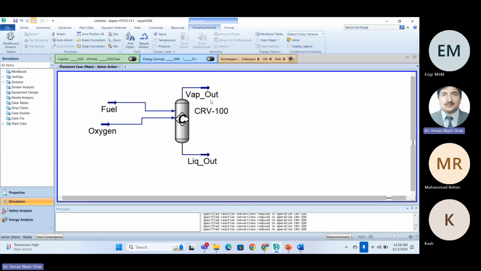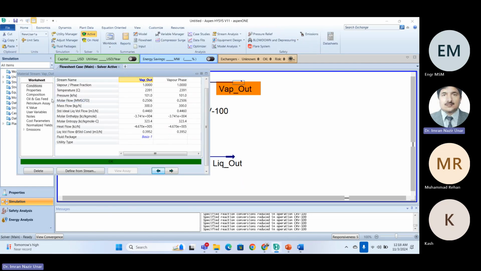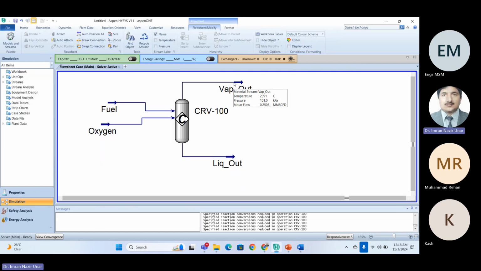Now, what happens? First of all, we analyze what had happened. In the output, you can see that 0.25 mmCFD molar flow is coming out from vapor out, but zero flow is coming from liquid. It means these two are in a gaseous phase, and when they combust, the whole product is also in a gaseous phase, no liquid.